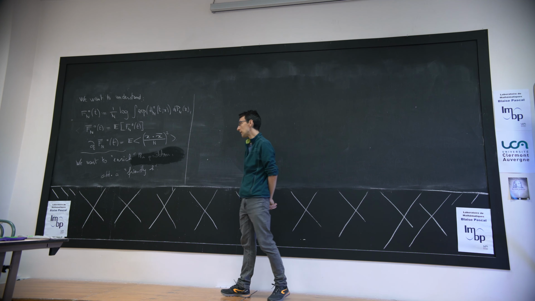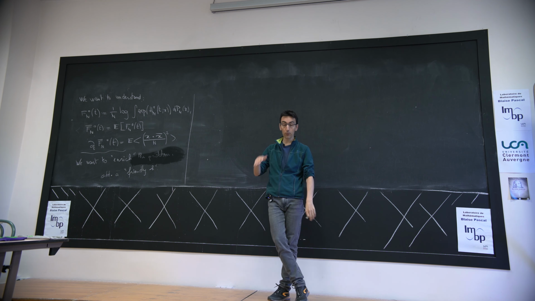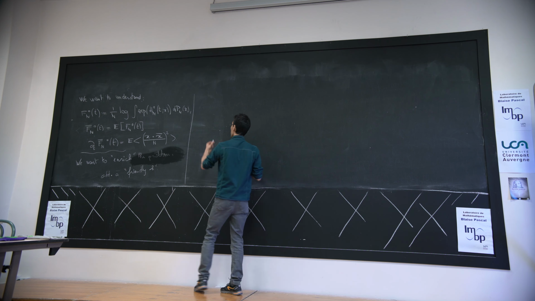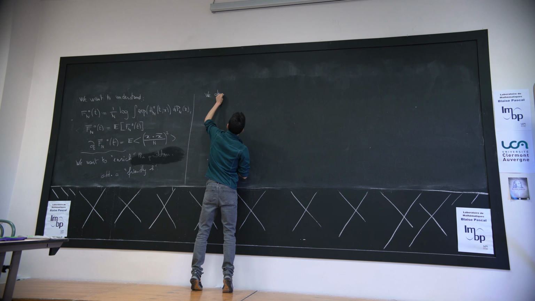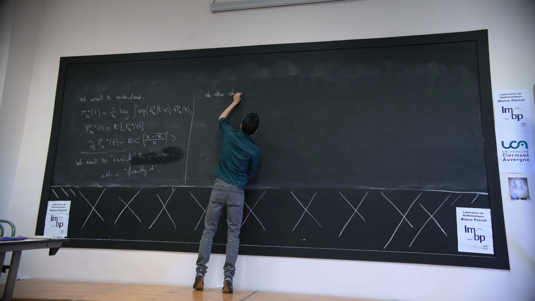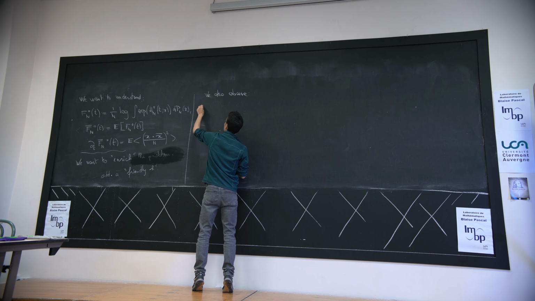So to implement this, I'm going to postulate that on top of this observation that we were calling capital Y, we also observe the following thing. Let me call this Y tilde.